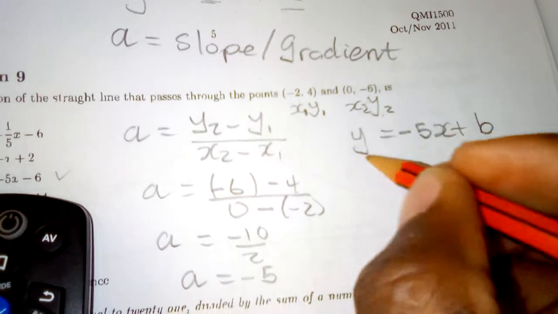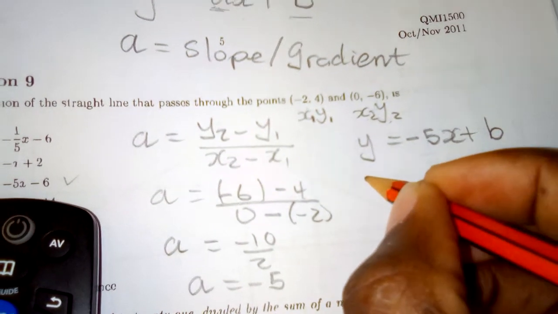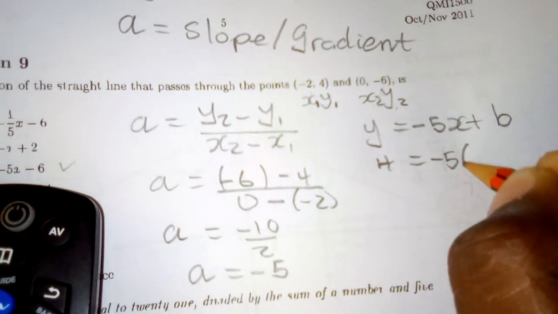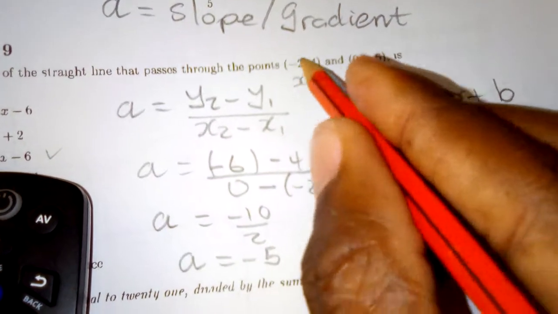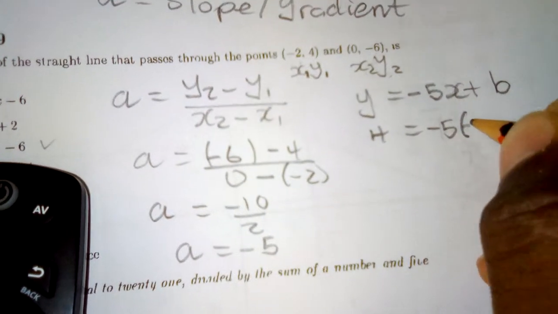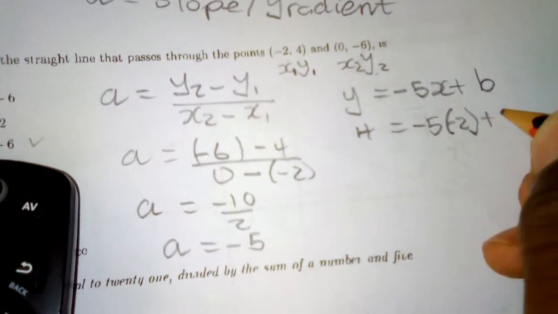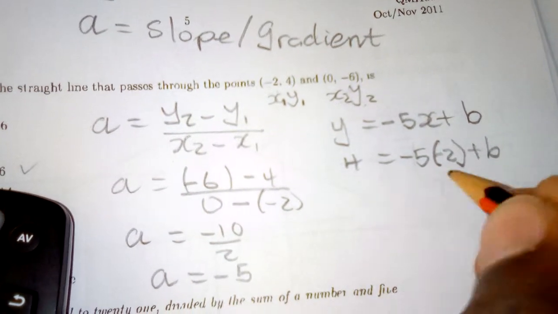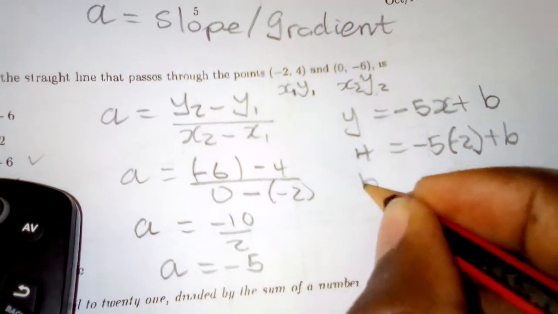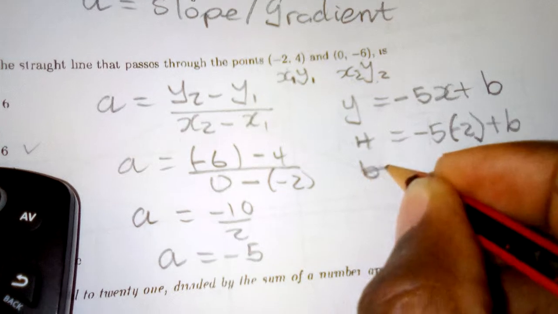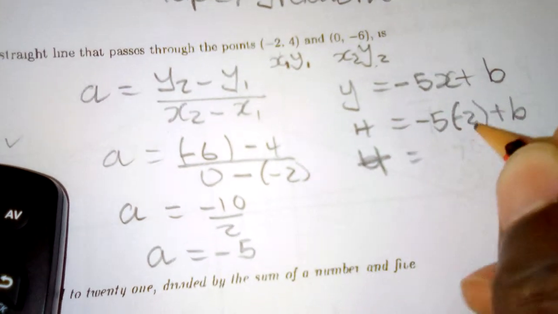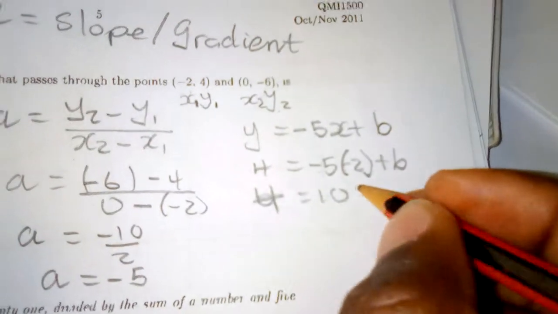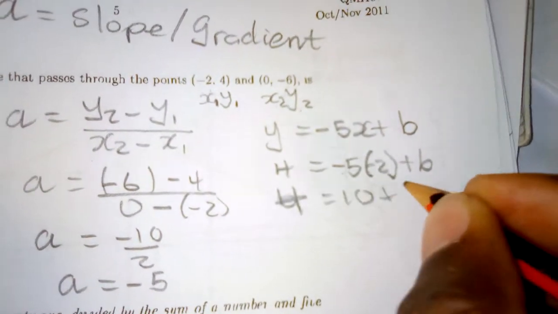So my y in this case is 4, so I'll say 4 is equals to minus 5x. My x here is minus 2, so it's minus 5 times minus 2, plus b. So 4 is equals to minus 5 times minus 2, which is going to be positive 10, so plus b.